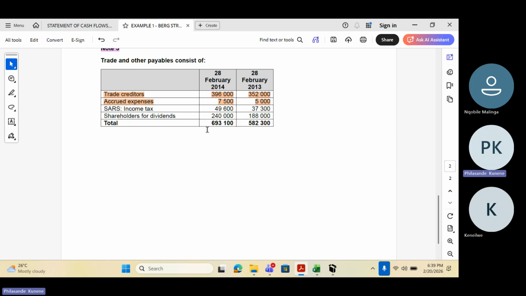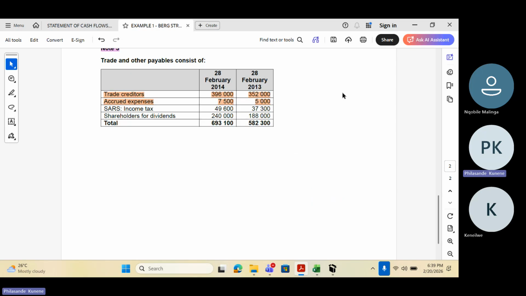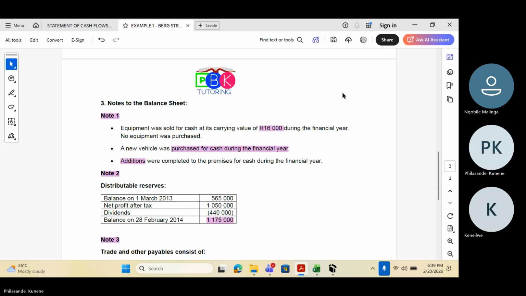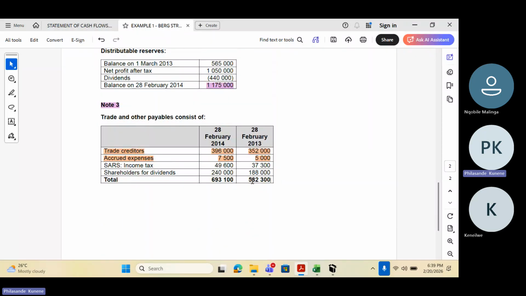So instead of using this total, because remember this 693,100 is this one, and 582,300 is here, for my trade and other payables I'm going to use 352 plus 5,000.